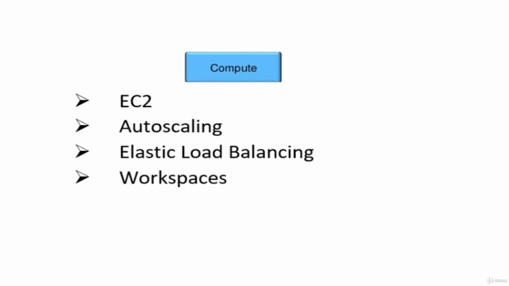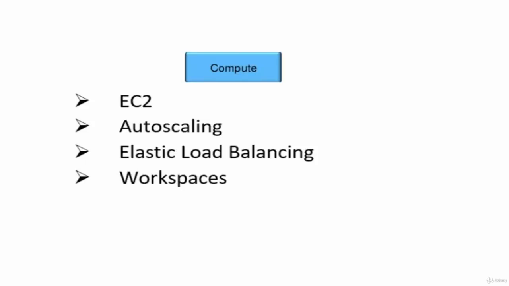EC2 is AWS terminology for servers. In an on-premise environment, we use servers for compute activity. That is the same in AWS, and it has been named Elastic Compute Cloud. How does it differ from a server in an on-premise environment?